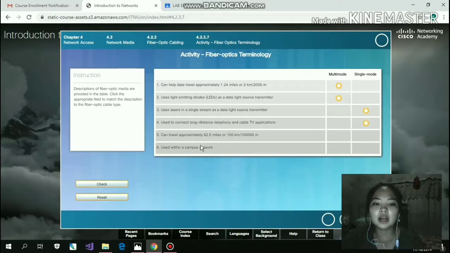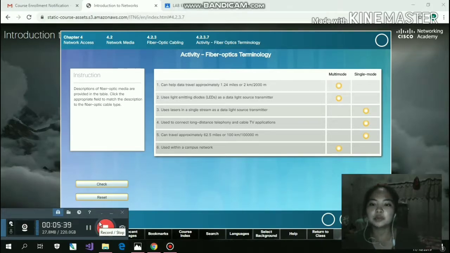Can travel up approximately 62.5 miles or 100 kilometers for 1,000 meters. Uses within a campus network. So number 5 is single mode, and number 6 is multi-mode.